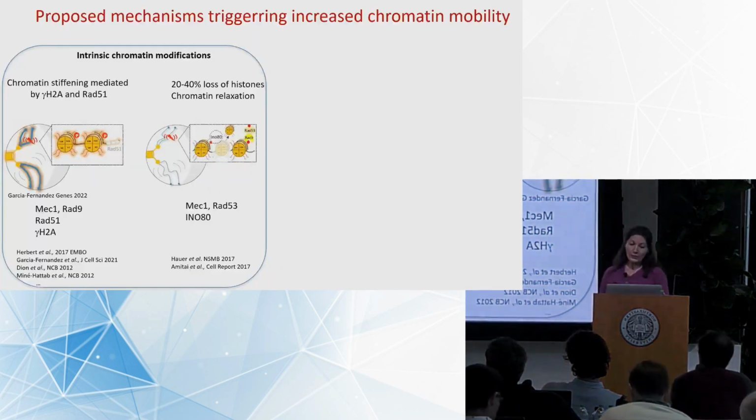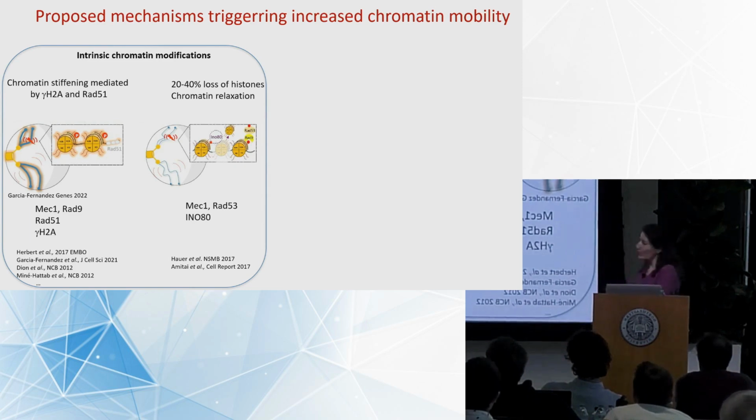So what is happening exactly? It has been proposed that these changes are due to intrinsic chromatin modifications. So indeed, some labs have shown that upon DNA damage, chromatin becomes stiffer due to phosphorylation or also due to the loading of the repair protein RAD51.